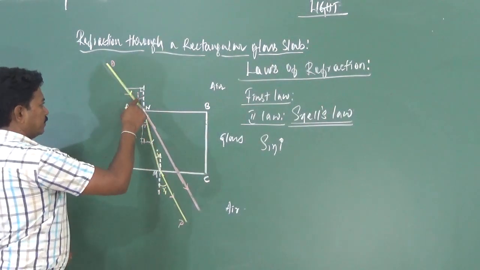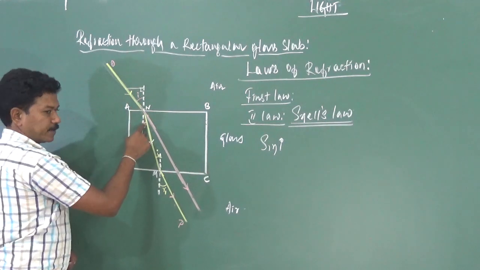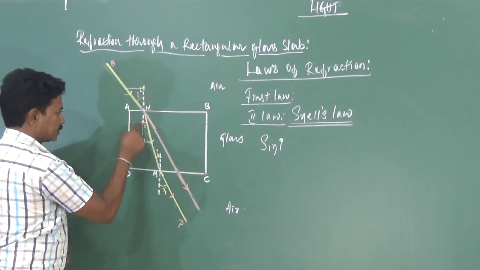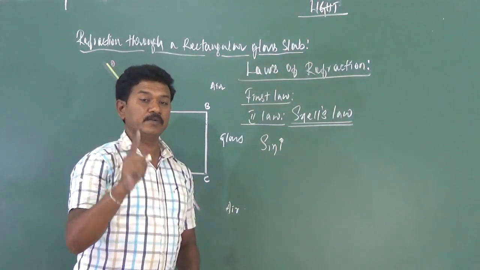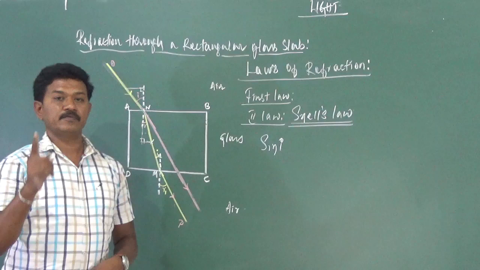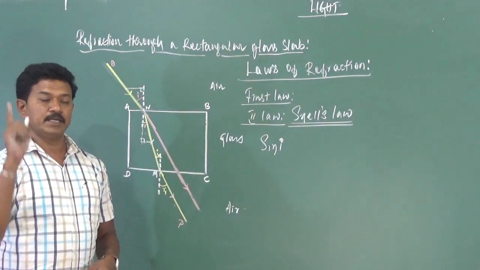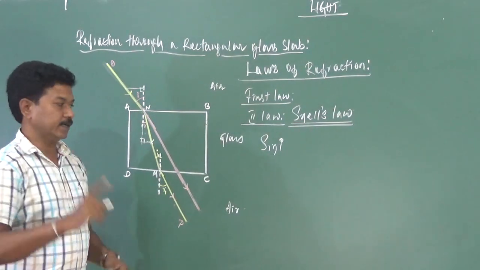The ratio of the sine of angle of incidence to the sine of angle of refraction is always a constant for a given color of light and for the given two media, right?